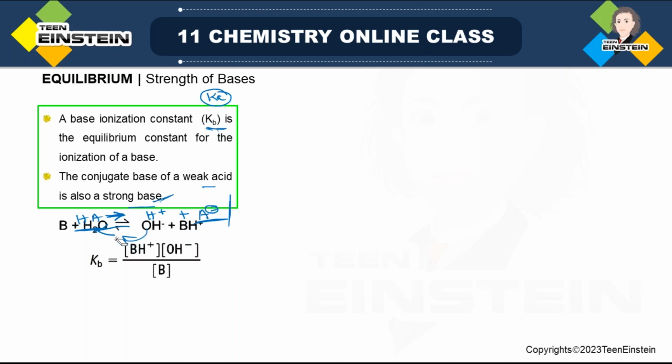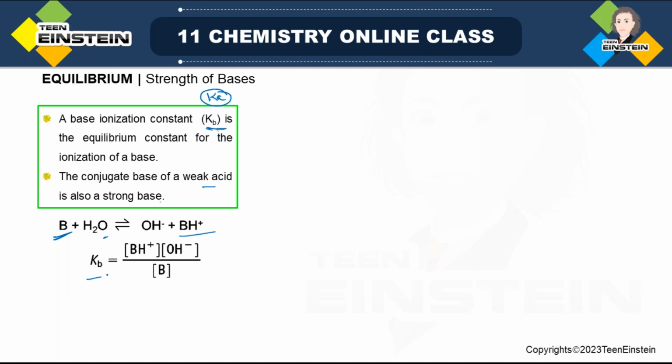Here we have taken this base species, which is denoted by B. B is indicating any base B, which is reacting with water and capturing H from H2O. As a result, we are getting BH plus as cation, and HO minus is produced, which is the remaining part of water.